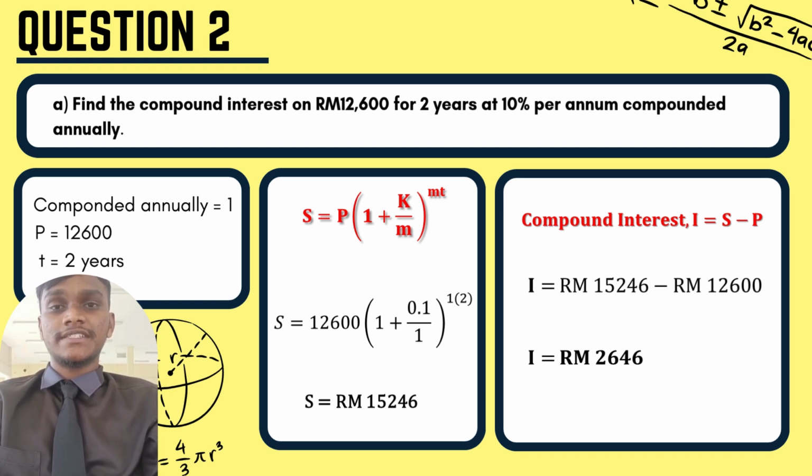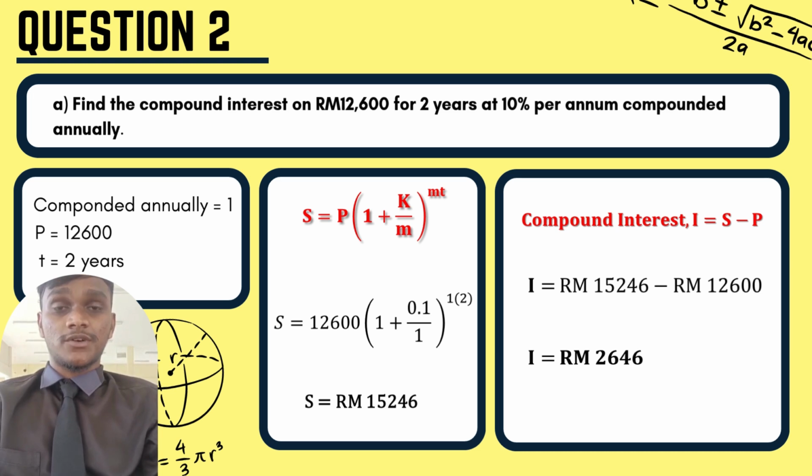Substituting the values gives sum equals 12,600 times (1 plus 0.10 divided by 1) to the power of (1 times 2), which simplifies to sum equals 12,600 times (1.1) squared equals 12,600 times 1.21 equals 15,246.